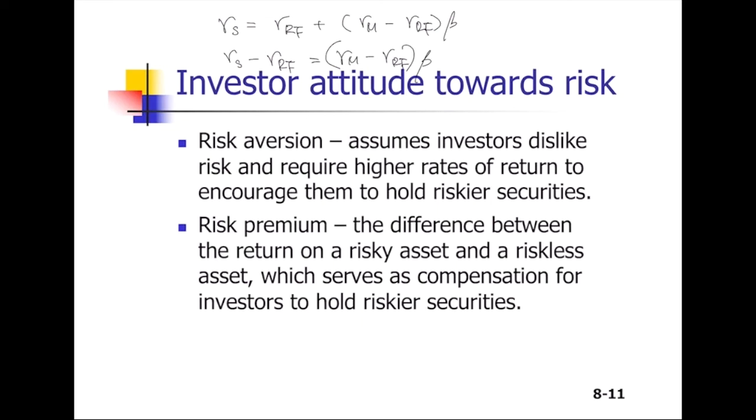So what about this? Yeah, it is about when we hold this risky asset and the risk-free asset, how much return we get. It is about the risk premium over the market multiplied by the beta.